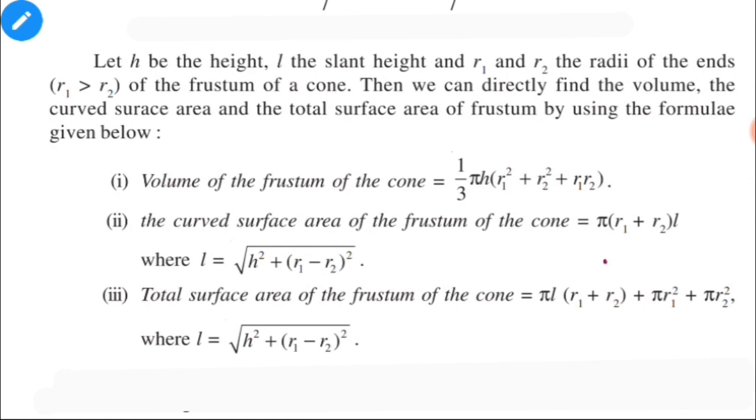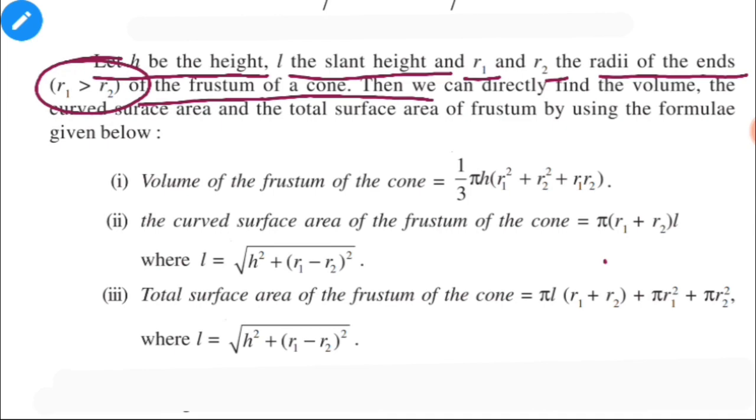Now these are the formulas to find the volume and surface area of the frustum of a cone. Let H be the height, L the slant height, and R1 and R2 the radii of the ends of the frustum of a cone. Just note that R1 is greater than R2.